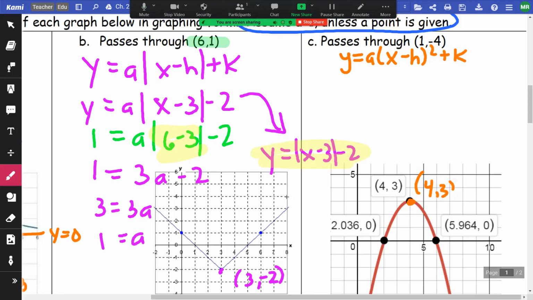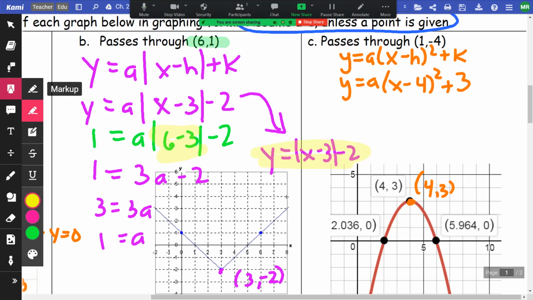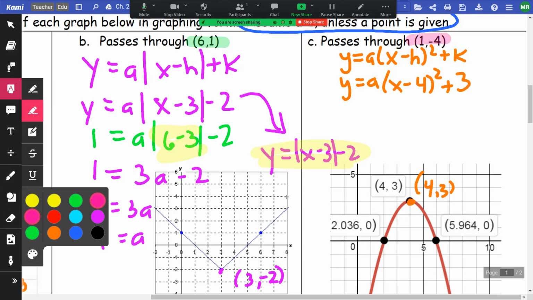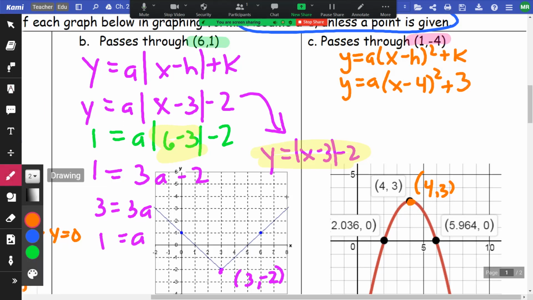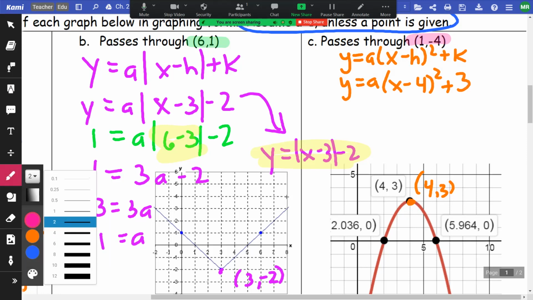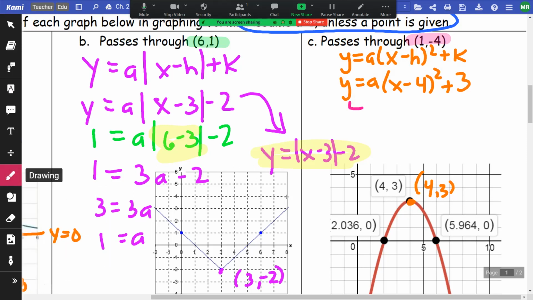And so this is going to be y equals a times the quantity x minus 4 squared, plus 3. Then what I'm going to do is put in the point that they gave. And the point that they gave us was this 1 comma negative 4. So I'm going to put that in for x and y. So I'm going to get negative 4 is equal to a times 1 minus 4 squared, plus 3.